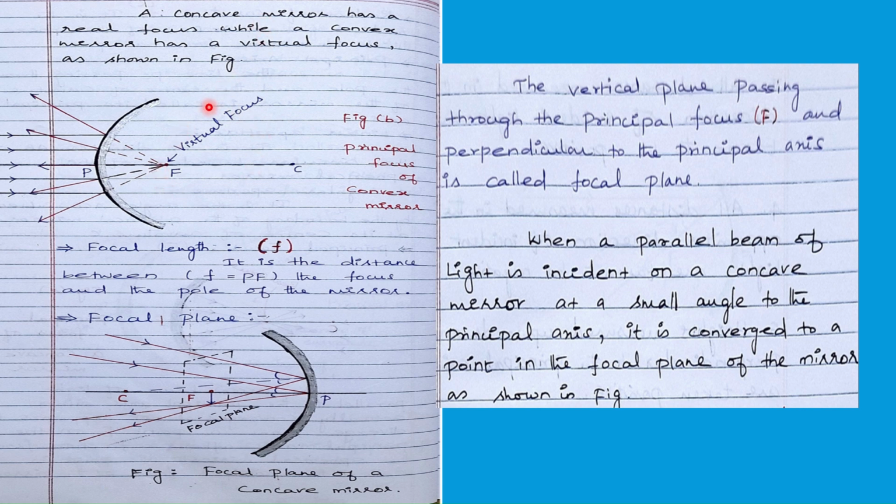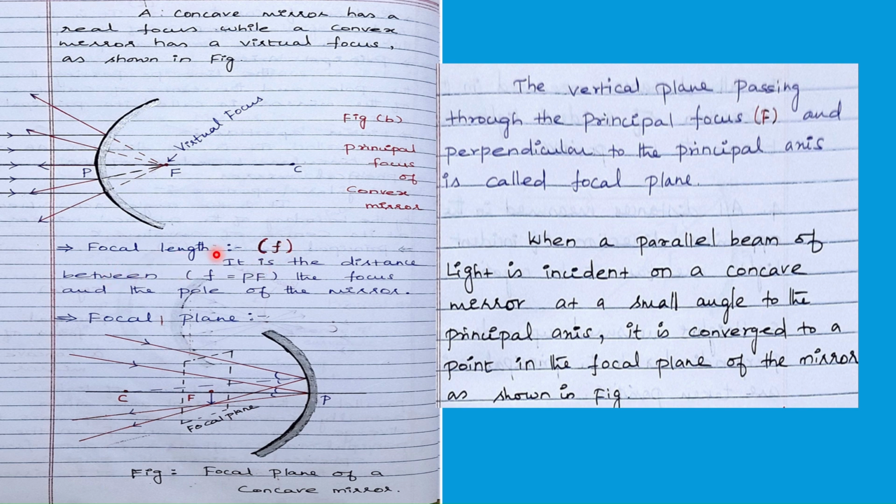The diagram explains the virtual focus: the rays diverge but appear to converge if extended back. These are all divergent rays, and the point from which they appear to diverge is the virtual focus.